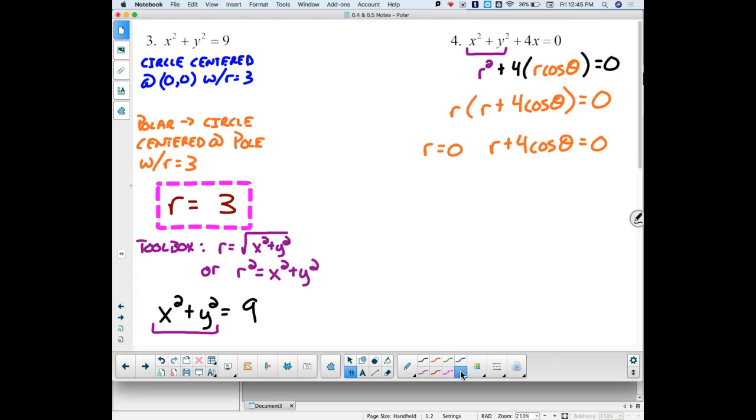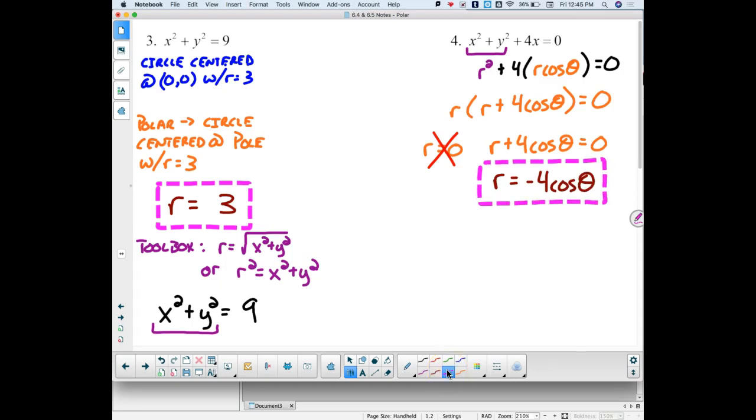At the pole with a radius of 0. So it's nothing. It's absolutely nothing. Okay? So then this one, if I solve this one, I get r equals -4 cosine of theta.